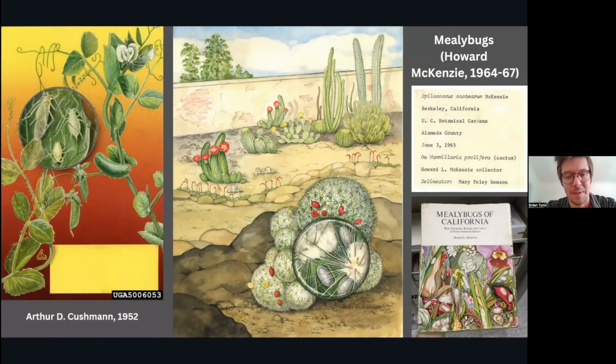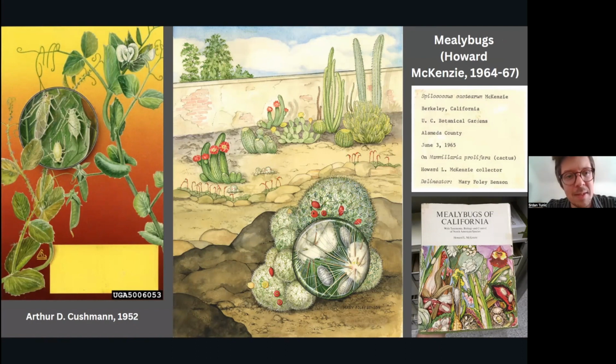So let's dive into some of these images. On the left side, you can see an image published in the Yearbook of Agriculture, I think it's called, about insects, by another artist. So Mary's work was published there, and by Arthur Cushman.